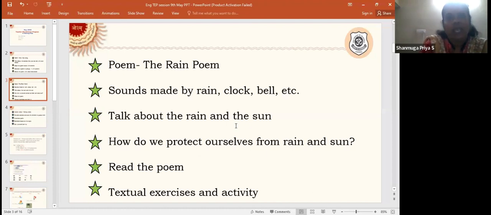rainy season. And then we can ask the sounds made by different objects and the rain, like a doorbell, a clock, then rain, the pitter patter, raindrops, the sound of the rain. We can ask and we can discuss those sounds too.